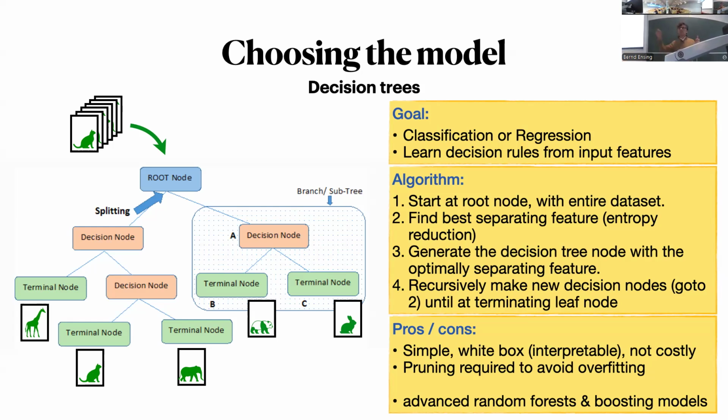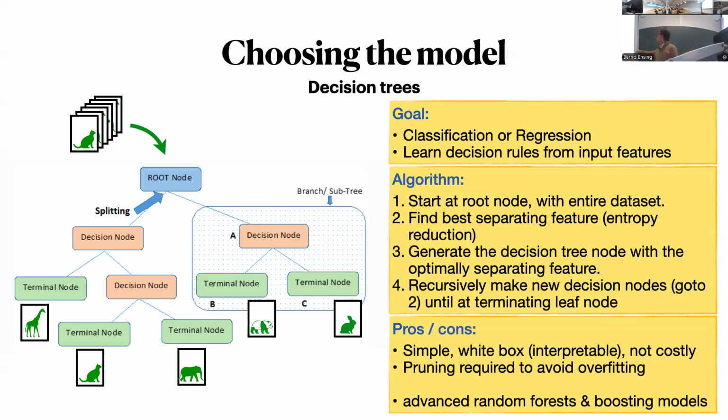You cannot have just one data point in each leaf, right? So I should group things, or I can make the branches shorter. I can say, well, you have to decide within 5 steps, or within 10 steps. You cannot have super long, too complex branches.